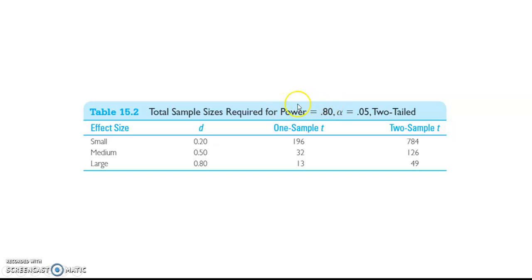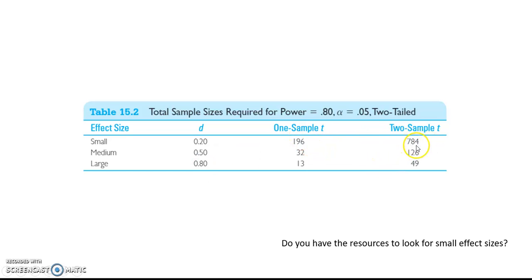So this is all for a power of 0.8, but it's just looking at the effect size, the anticipated difference between the hypothesized mu under the null versus the hypothesized mu under the alternative hypothesis. So this is where you're kind of asking this question, do you have the resources to look for small effect sizes? Okay, and maybe you do, but oftentimes you might not have the resources to recruit 196 subjects.